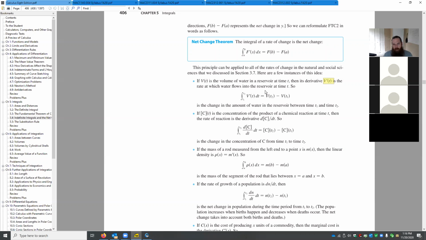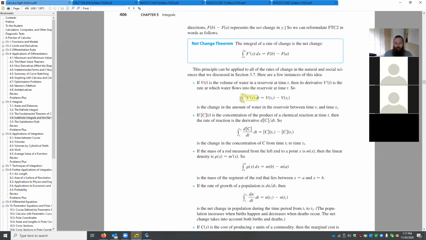So imagine you're filling a bathtub and you know that 1 gallon of water comes in every 10 seconds. That means you know V prime. You want to know how long will it take to fill the bathtub? Well, integrate V prime, and that will tell you how much water is in there. The change in the water from time t equals 1 to t equals 2.